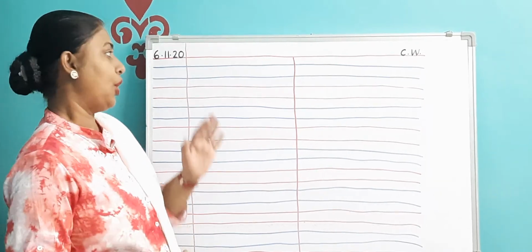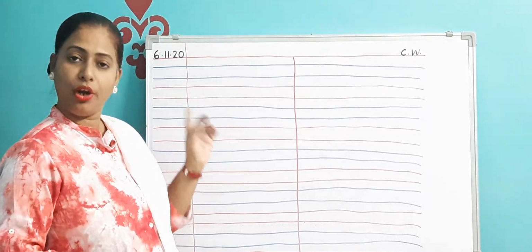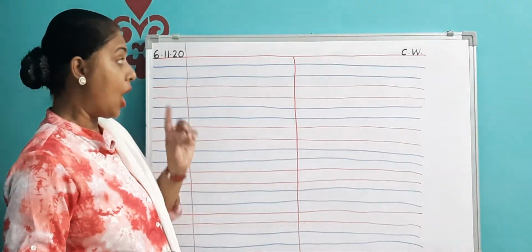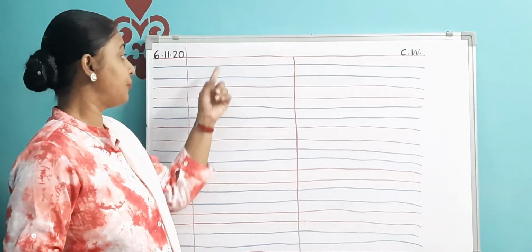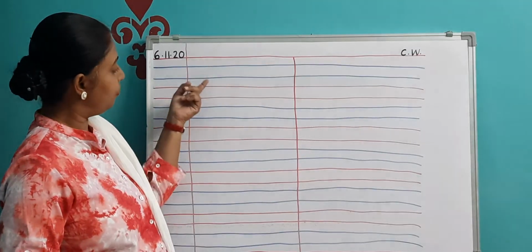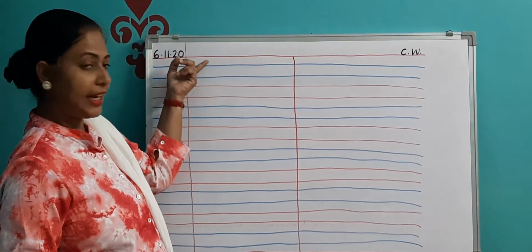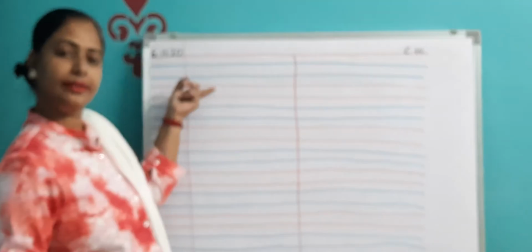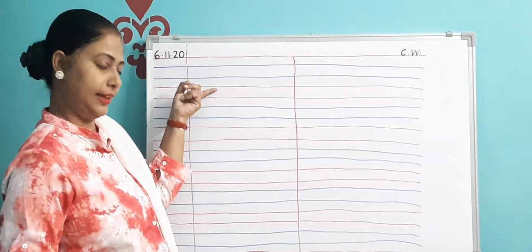Now we are going to write small e and small f within the lines. I will tell you how to write in these four lines. We have four lines in the English copy: two red lines, first line is red, then two blue lines, and the fourth is also a red line.